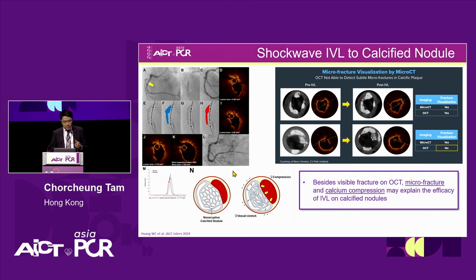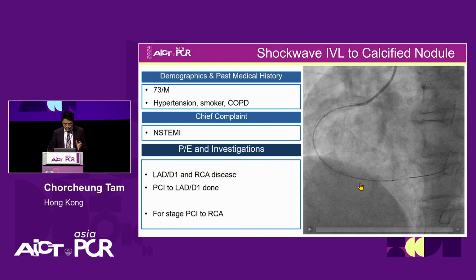In this study, they propose that IVL can have some degree of calcified nodule compression, as shown by intracoronary imaging such as OCT, and also StentBoost. So besides visible fracture on OCT, microfractures on micro CT and calcium compression may partially explain the efficacy of IVL on calcified nodules.